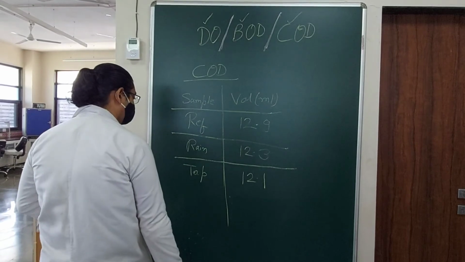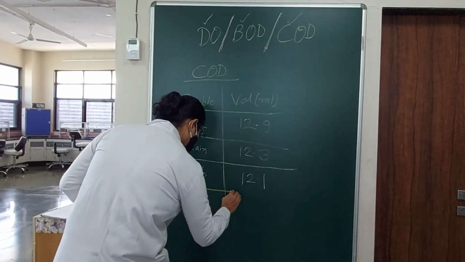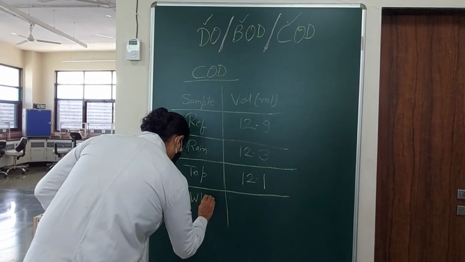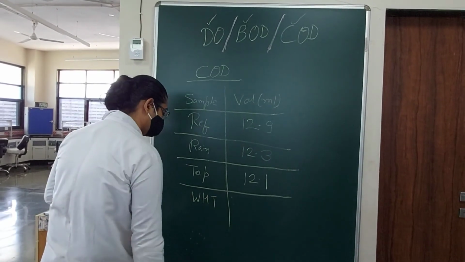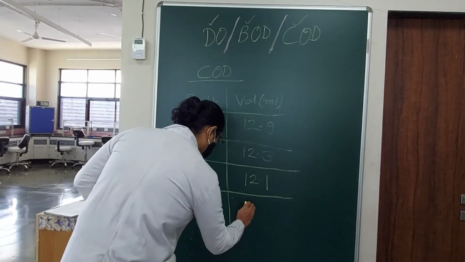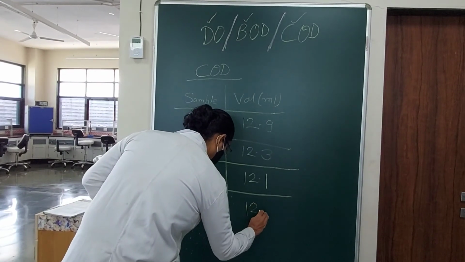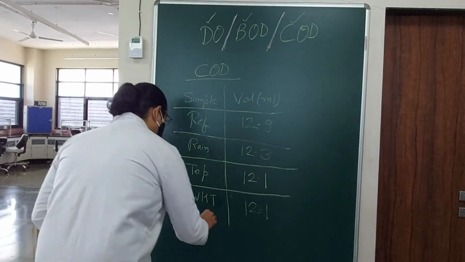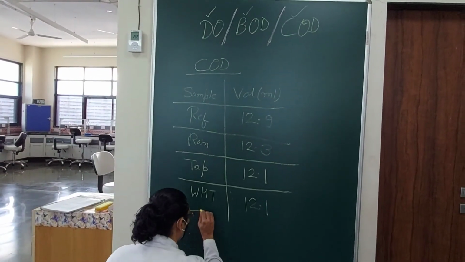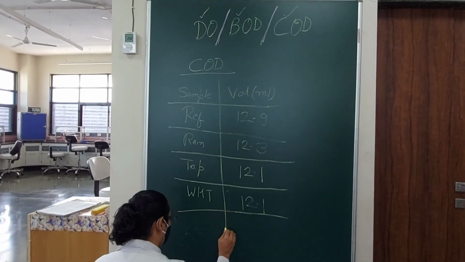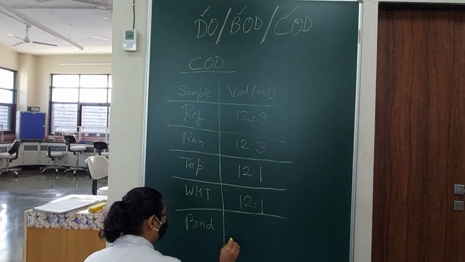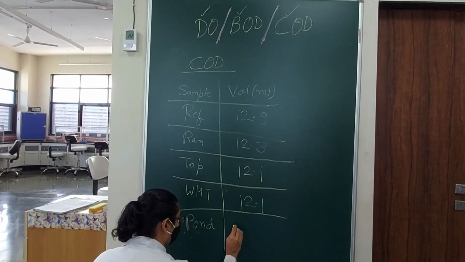Then water harvesting tank, 12.1. Not bad, so our water is not contaminated. And the last one, pond, our lovely pond. It is 12.3.